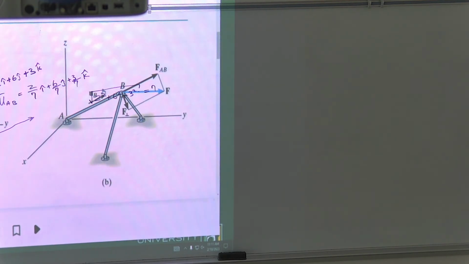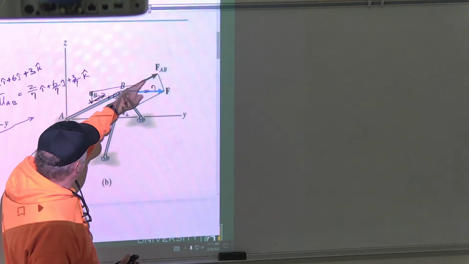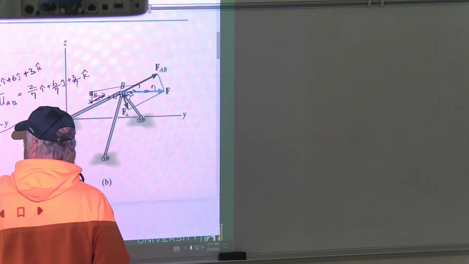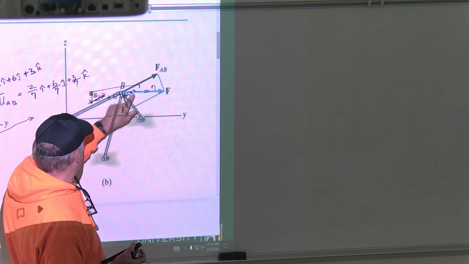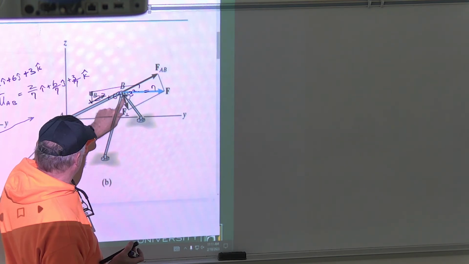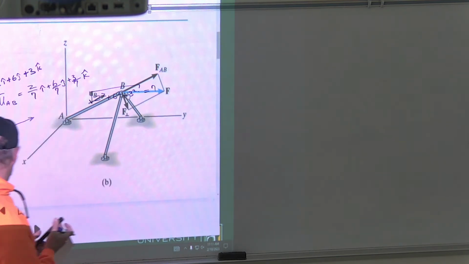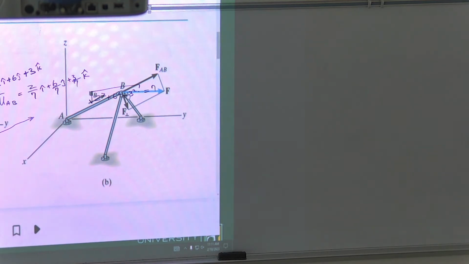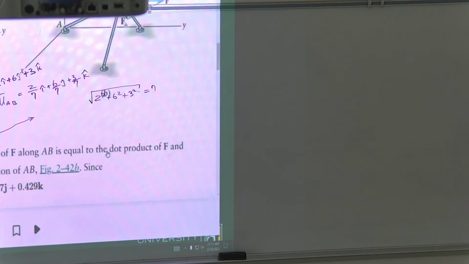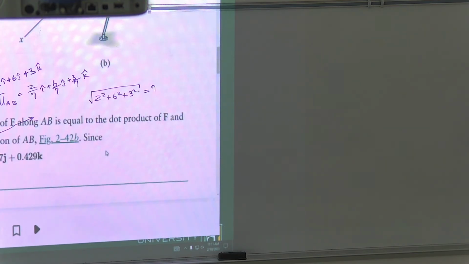Okay, so that's a good picture right there. I like that picture because he's showing you the vector that goes along that line, which he's calling FAB, and then he shows you the perpendicular to it. But let's see if we can find what he got for the FAB. There's his unit vector.